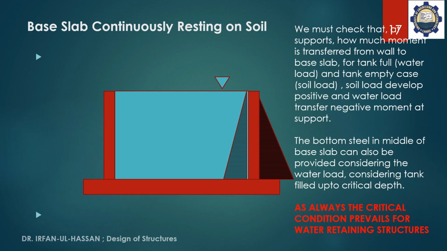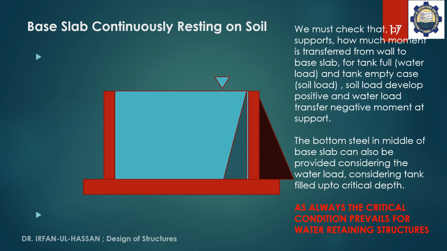In addition, we must see the negative or positive moment that was computed from the upward bearing pressure, and what moment is transferred from the wall. So always when you design the base slab, sometimes the wall height is relatively too high. So we must see what was the negative moment from the soil and from the water in the tank.